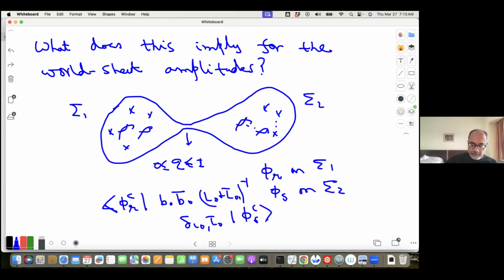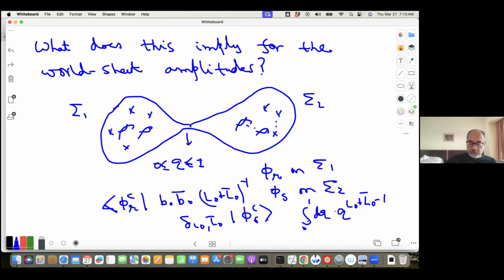This L0 plus L0 bar inverse basically comes from the integral, integral dq from 0 to 1 of q to the L0 plus L0 bar. So the worldsheet already achieves this factorization.